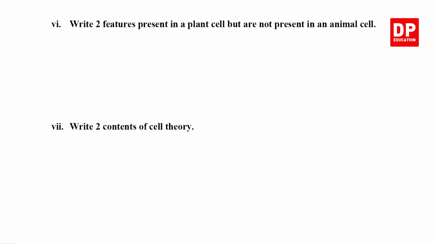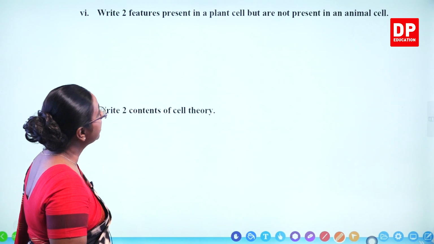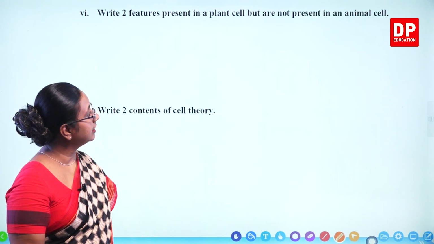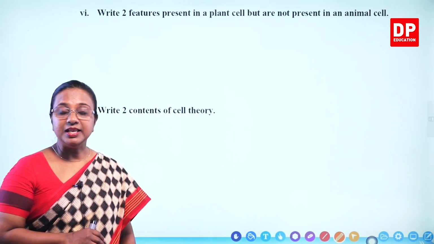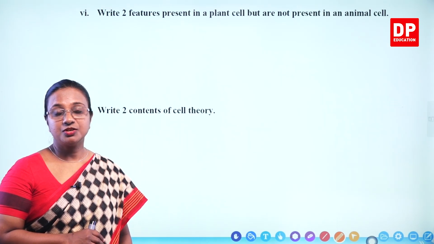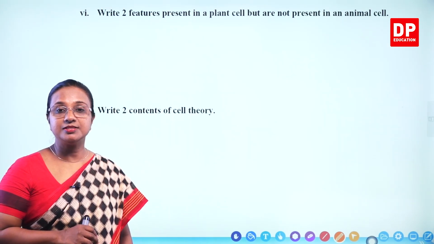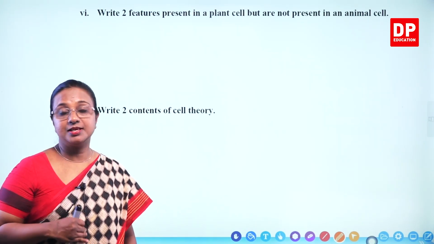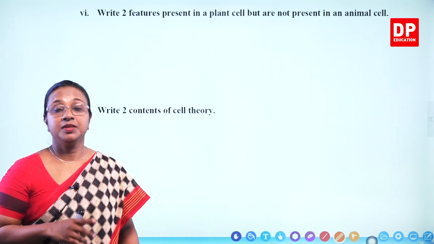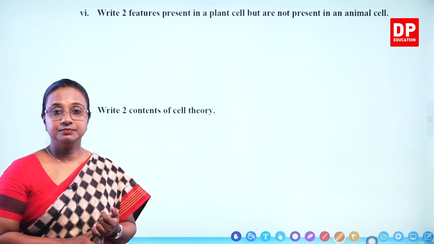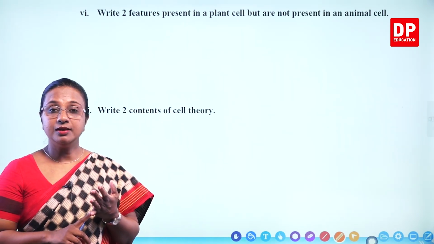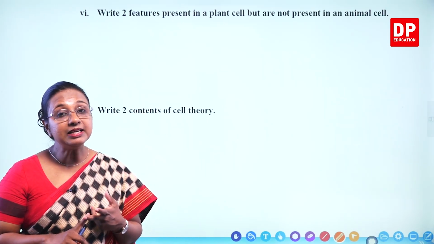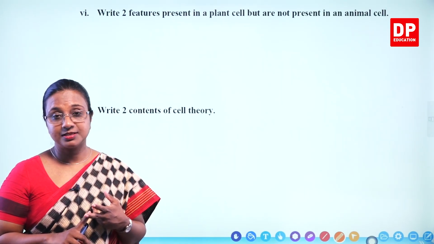Write two features present in a plant cell but not present in an animal cell. So, there are many structures, or at least a few structures, that are absent in an animal cell and present in a plant cell. What are they? The cell wall, large central vacuole, and the chloroplast.